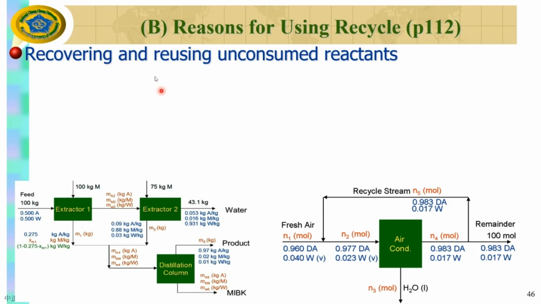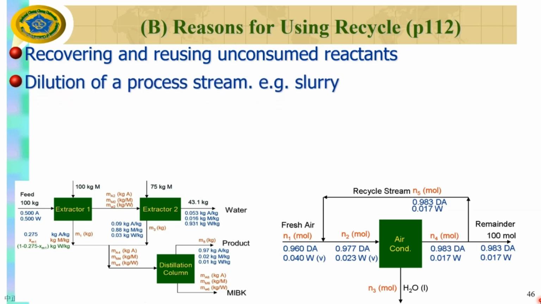Recovering is like MIBK recovery. MIBK comes back, and reusing unconsumed reactants from the reactor. That's the first reason. Second, dilution of the process streams. Recycle dilutes the water in the fresh air.